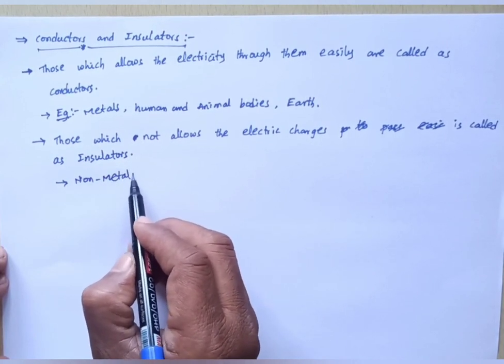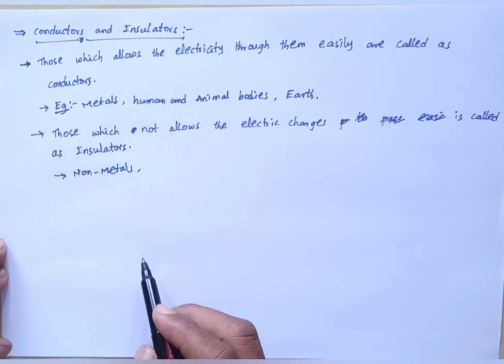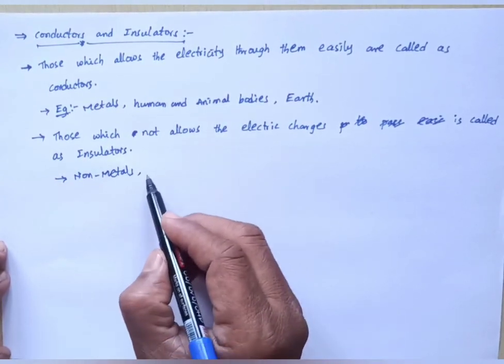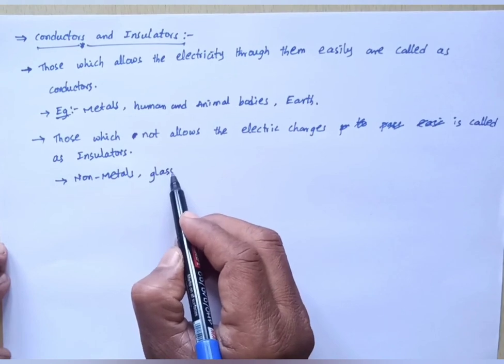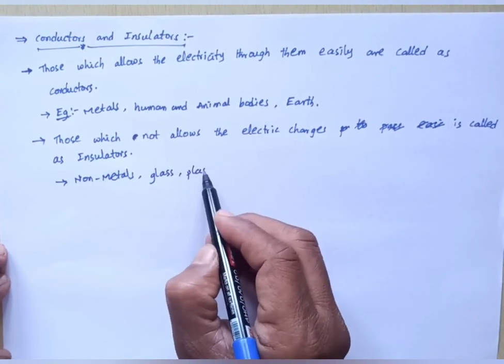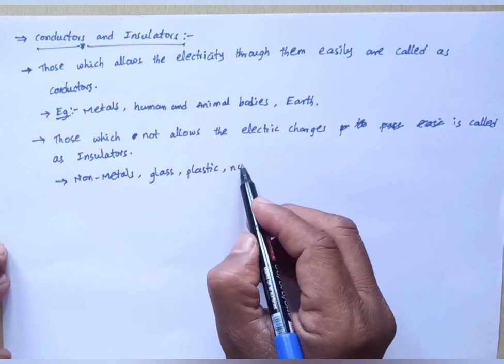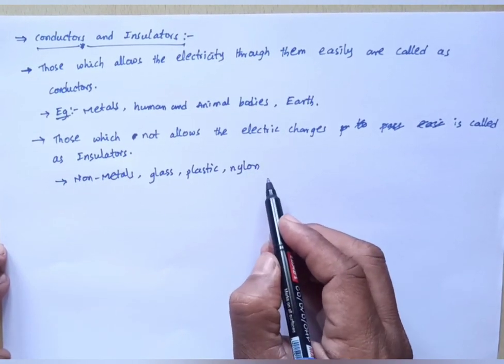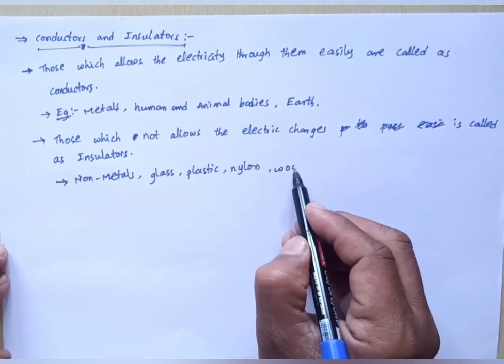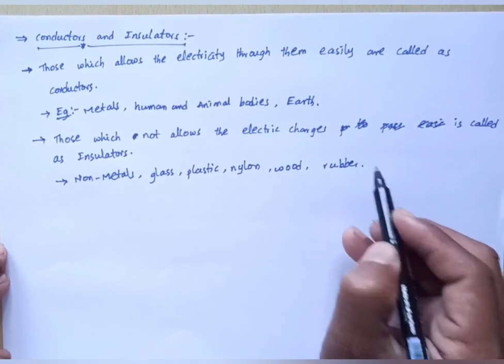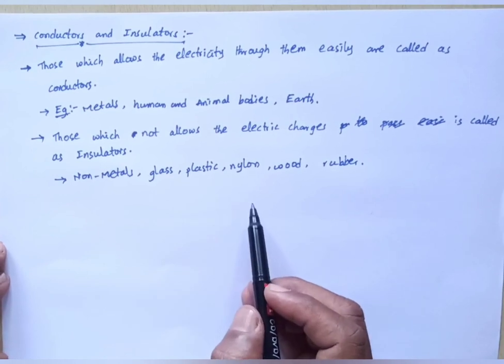Non-metals are insulators, such as plastic, glass, nylon, wood, rubber. So these are the insulators.